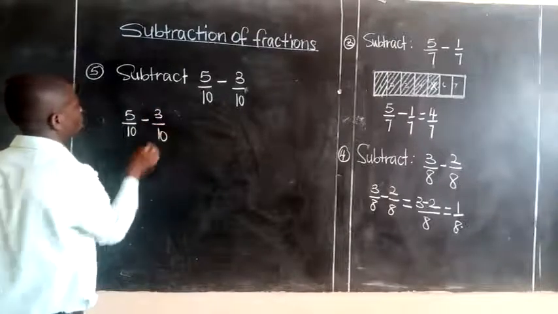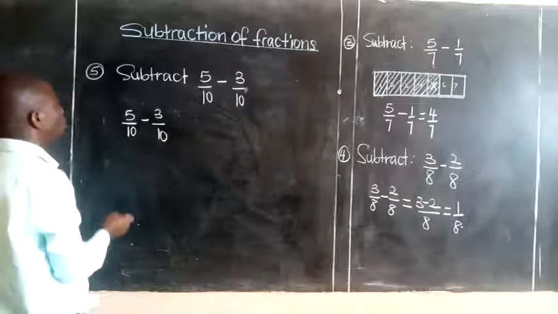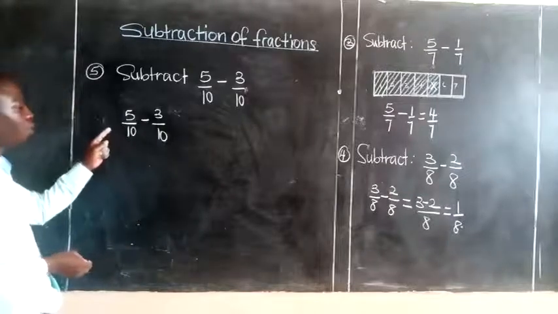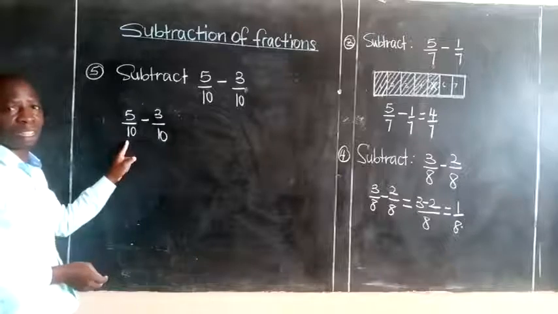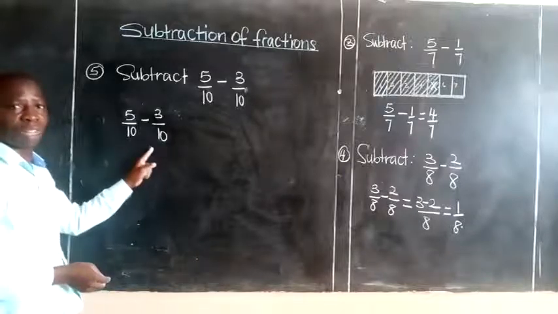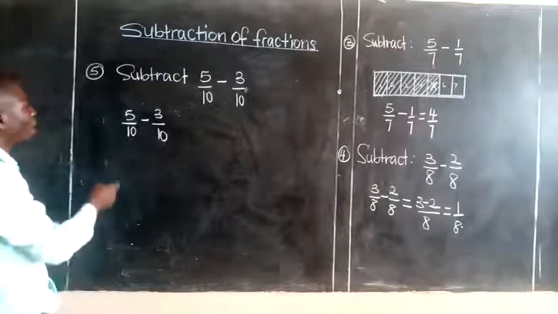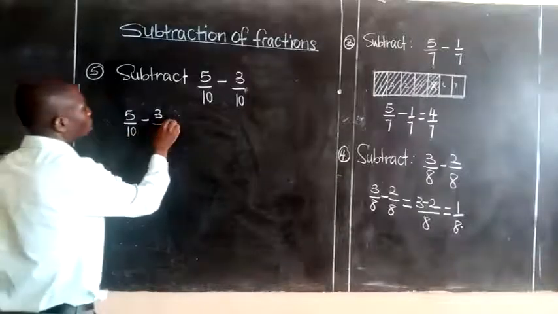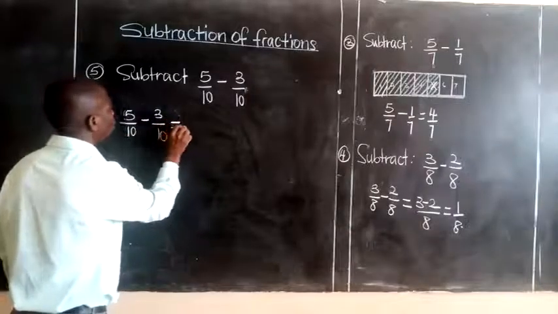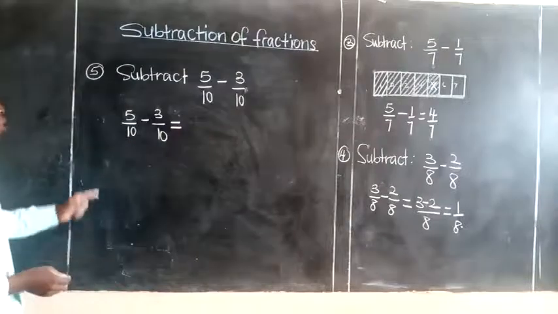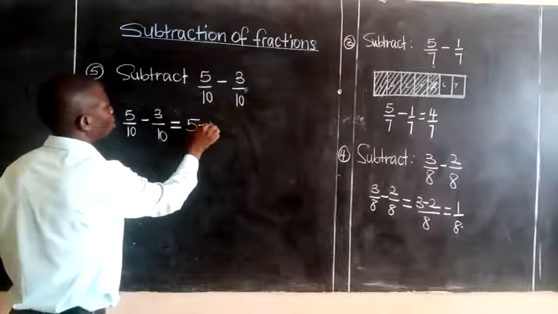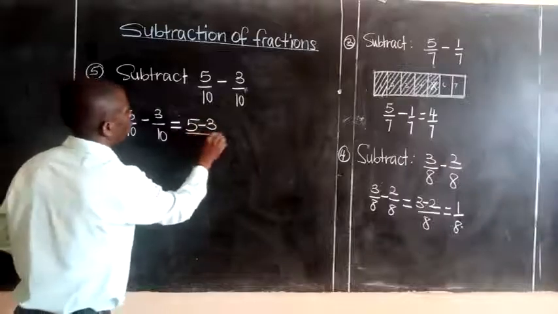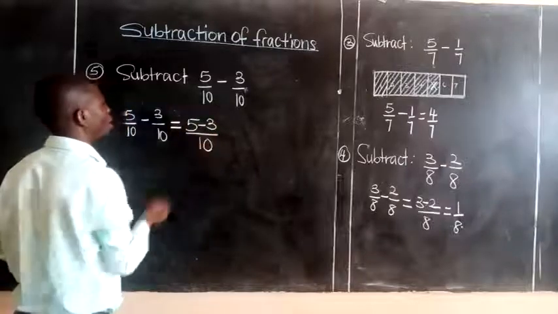What we shall do is still to maintain the lower number, the denominator, and then the upper numbers will be dealt with. We are subtracting the upper numbers. So it is 5 take away 3 out of 10.